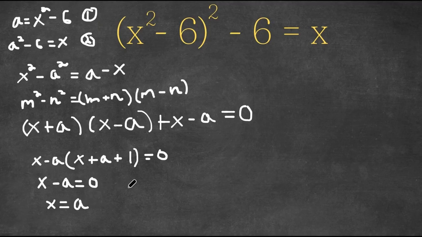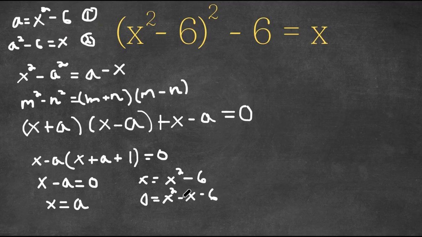And if x is equal to a, because remember, a is equal to x² − 6 and x equals a, that means x equals x² − 6. And if we subtract x on both sides, we get 0 is equal to x² − x − 6.